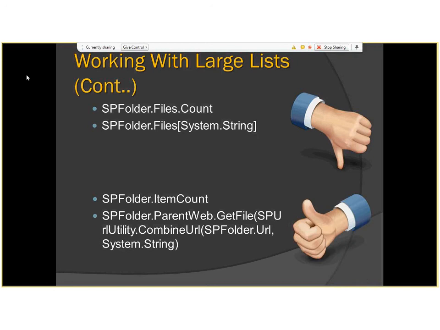In my good example, I'm taking the count from the SPFolder. For taking the specific file, I'm using SPFolder.ParentWeb.GetFile, and then I'm providing the combined SPUtility path of the SPFolder plus the name of the file. Through that I can get the required file from SharePoint.